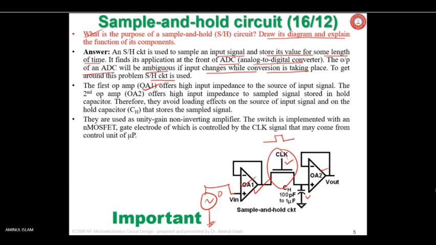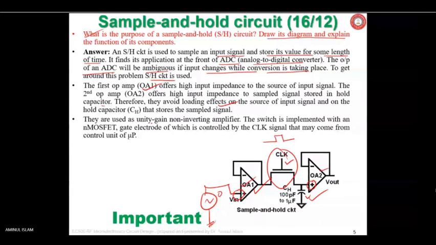The second op amp offers high input impedance to the sampled signal on this hold capacitor. Therefore, they avoid loading effects. If you have high input impedance here and here, then the loading effect will not be there. And we have understood this thing.